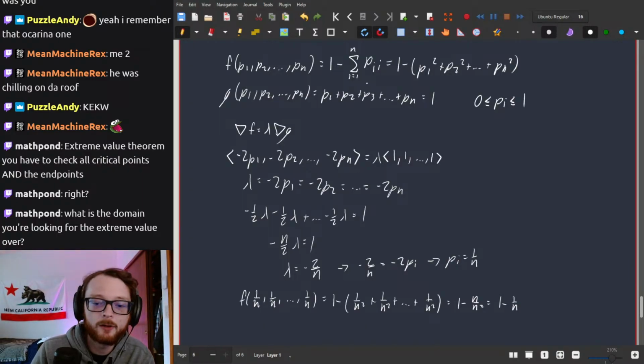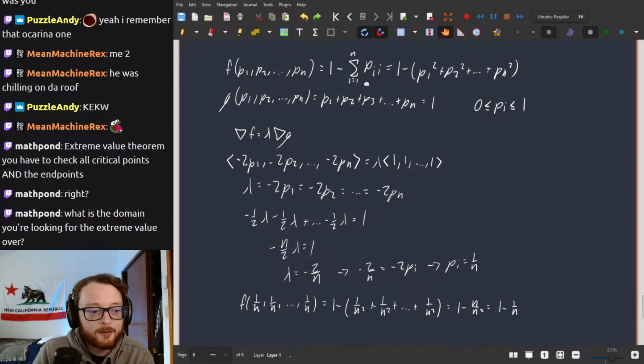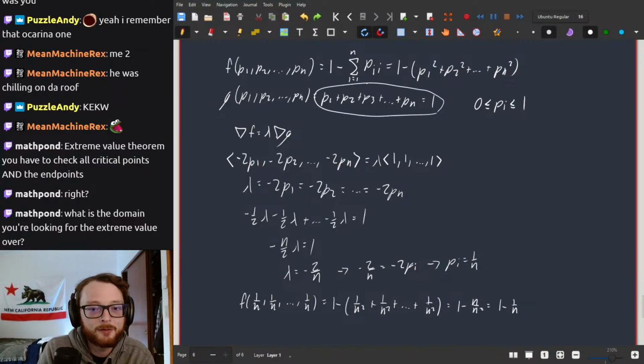Well, that's kind of funny. As n gets large, it's getting closer to 1. It's basically, I guess you could call it a hyperplane, because these are all proportions, so they have to add up to 1.